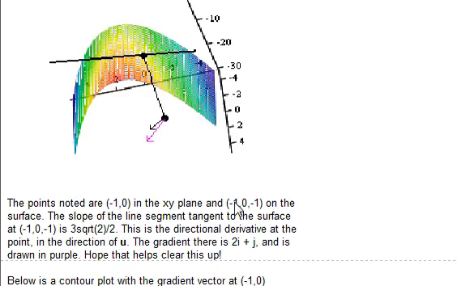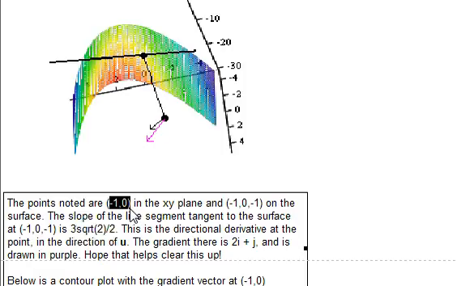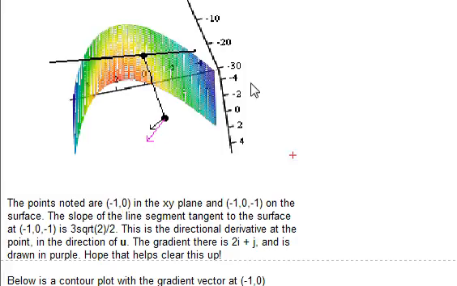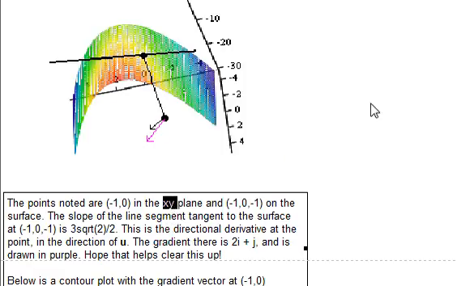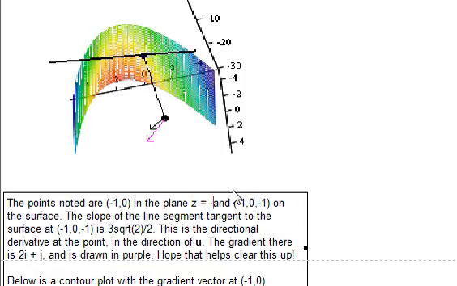By the way, the point noted here is incorrect. X is negative 1, y is 0 in the xy plane. That's not in the xy plane. That's in the plane where z equals negative 30. So my fault about that. Let me fix that. In the plane z equals -30, x is -1, y is 0.